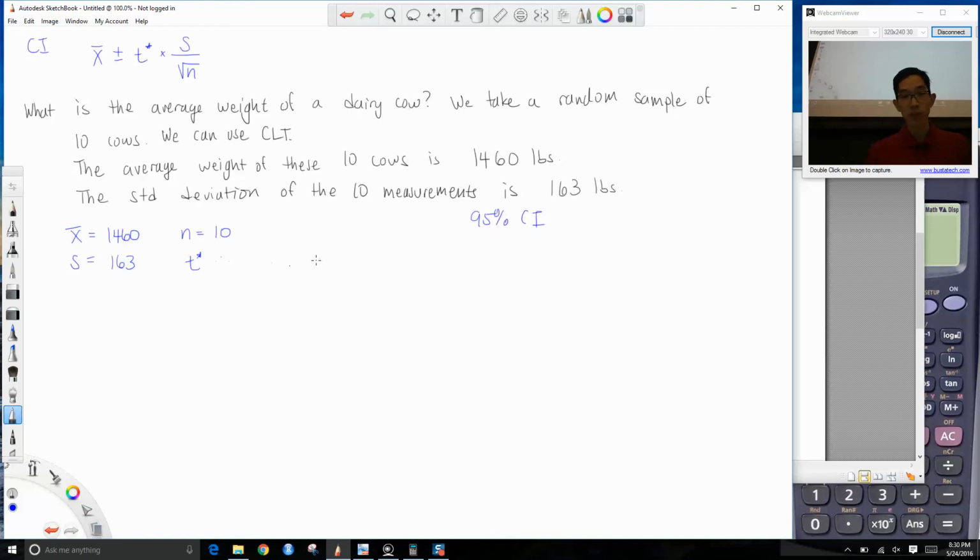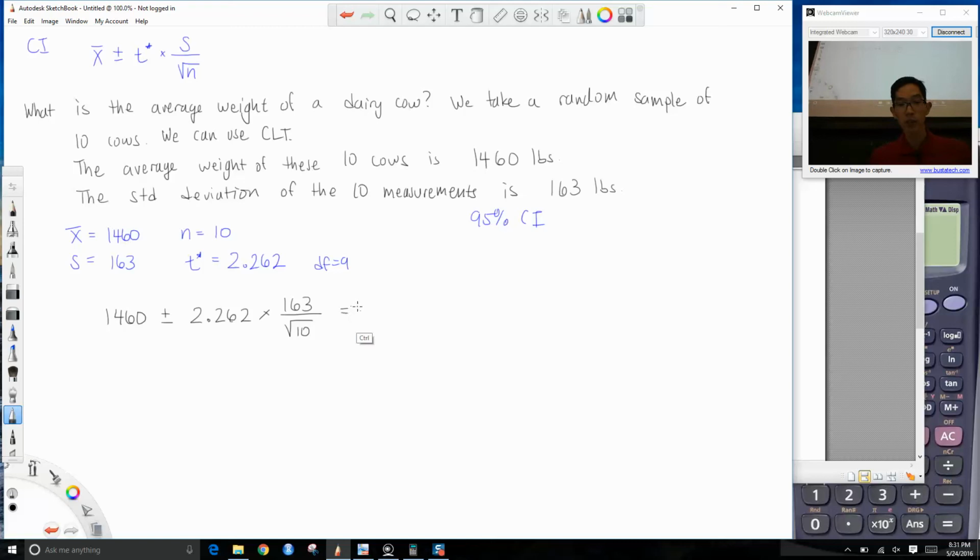So for t star, I would have degrees of freedom equal to 9, and 9 degrees of freedom, 95% confidence, I have t star equal to 2.262. So my confidence interval, if I plug all of these in, will be 1460 x bar plus or minus the t star of 2.262 times s, 163, divided by the square root of n, the square root of 10.